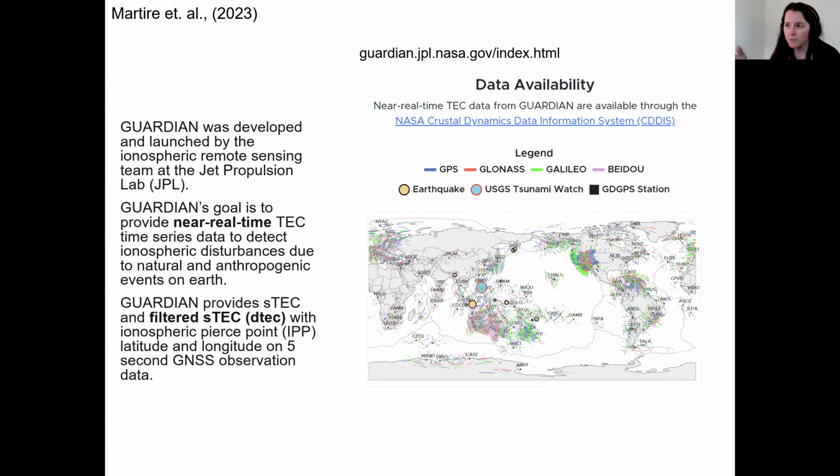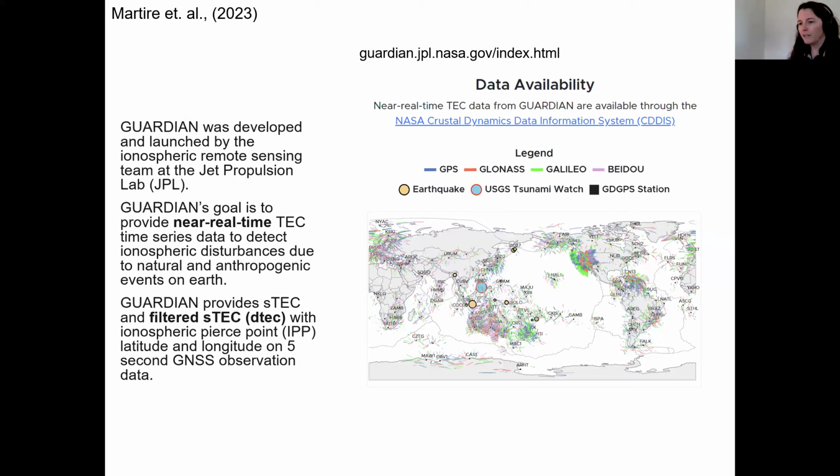You can see here the website. You can go here, you can get data from yesterday, data from today, across the world. You can see the different receivers here. These very colorful lines here are actually line of sight tracking over time between satellites and the ground-based receivers. So you can see, right, the west coast of the US has got a lot of coverage.